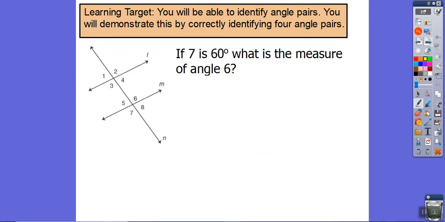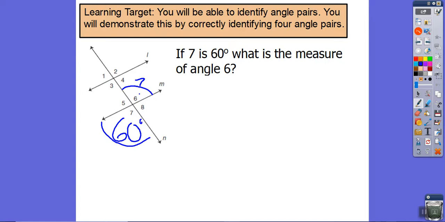If 7 is 60 degrees, what is the measure of 6? So again, my first step is I'm going to write that 60 right in that space where 7 is. I'm going to put a question mark up here. So these two are across from each other. So I think through my pairs. Do you recall the name for the pair that are across from each other? Vertical. And do you remember what that means?